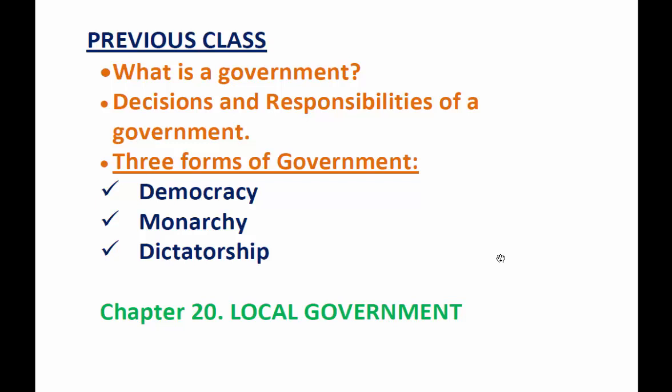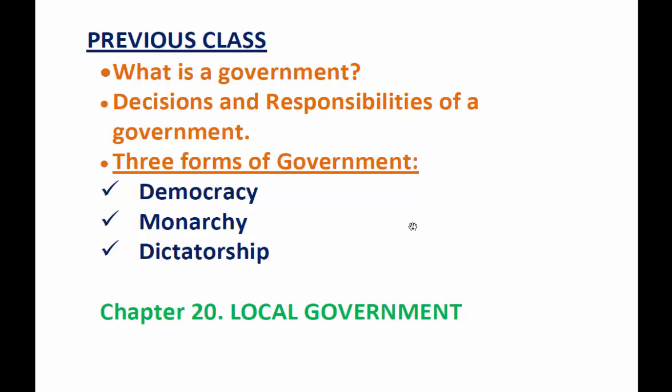There are other forms of government also, like oligarchy, theocracy, aristocracy, but those you will study in the higher classes. So in this lesson, we are going to see together the local governments and their classification also.